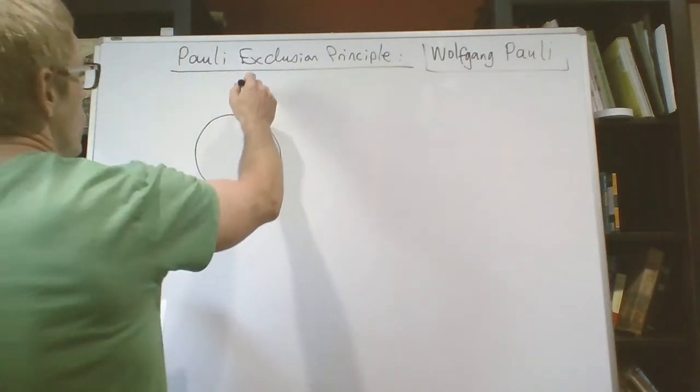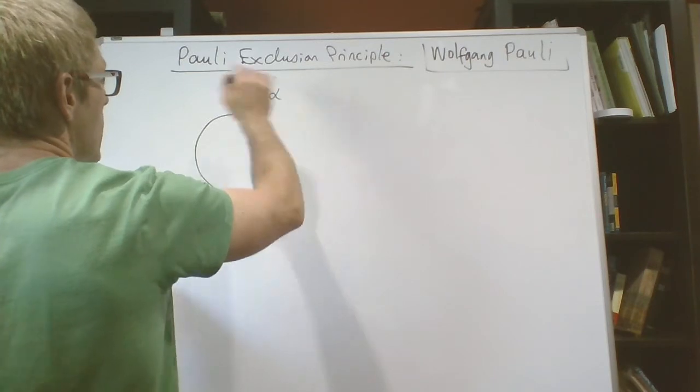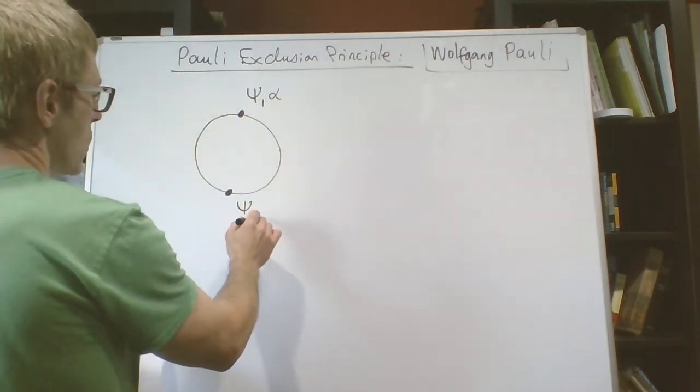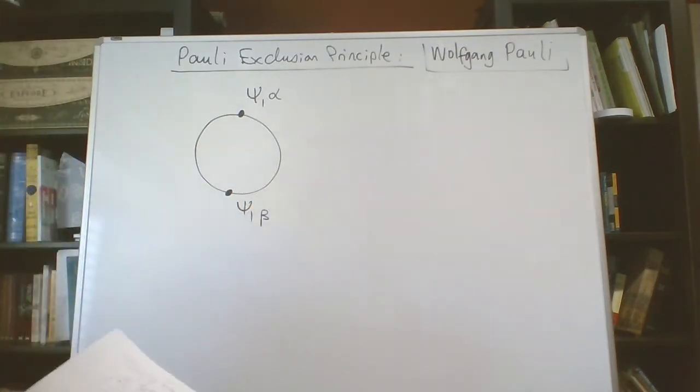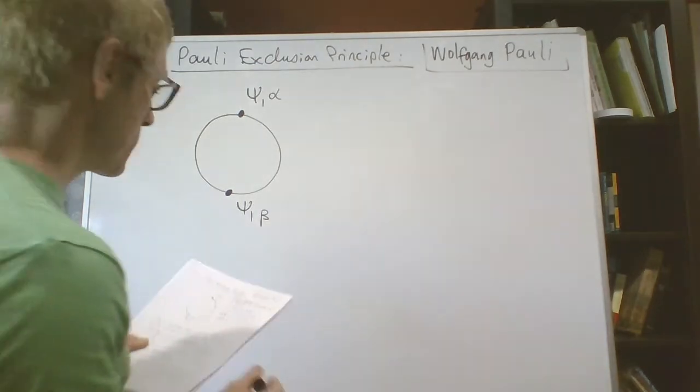So we're going to label one of these electrons psi 1 alpha. We'll label the other one psi 1 beta. So psi 1 alpha and psi 1 beta. Okay, and we'll make some assumptions.